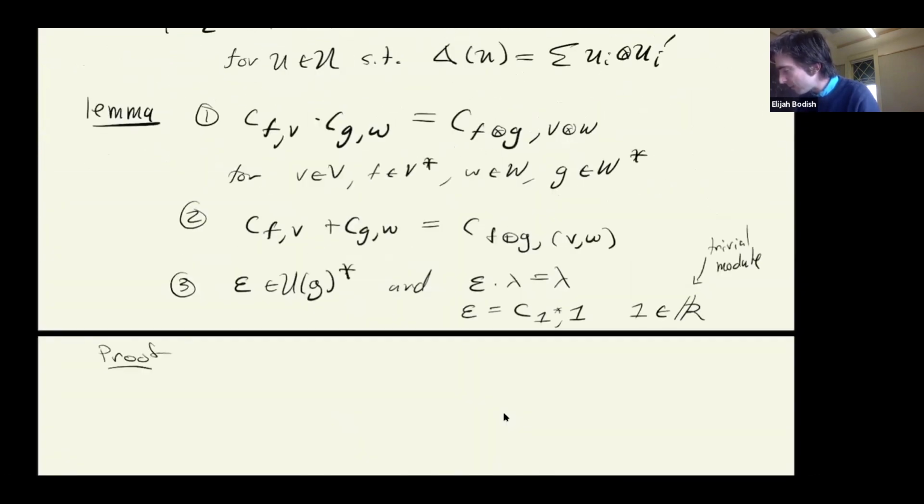The proof of this lemma is just an exercise in understanding the definition.